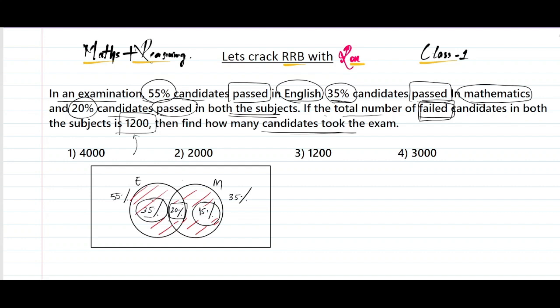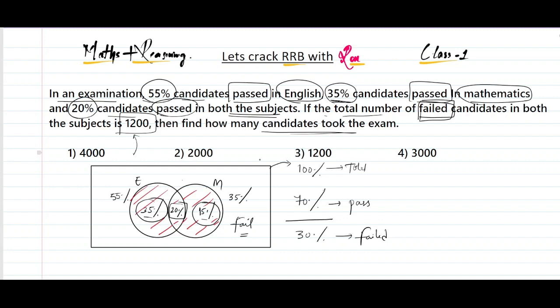So 35% plus 15 is 50, 50 plus 20 is 70%. So 70% are the people who passed at least one subject. If I take this complete class as 100%, and these are the passed candidates, and I take the remaining space as the failed candidates, then from the total 100%, taking away the 70% who passed, I get 30% who failed.